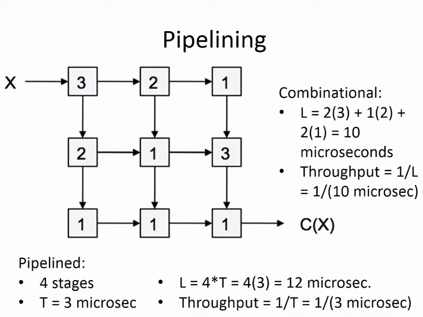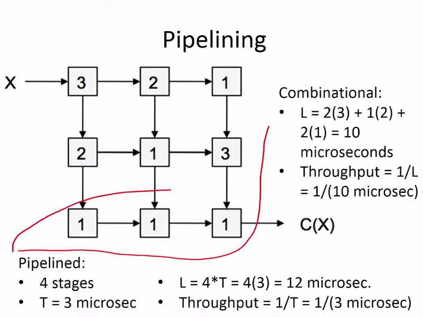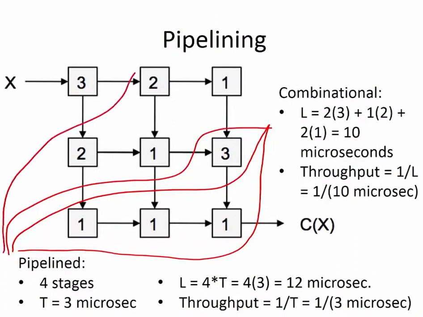Recall that we said that this was not the only way that we could draw our contours. Let's try an alternate solution. For our second solution, let's try to merge the bottom 3 1 units into one pipeline stage. Next, we need to isolate our middle 3. The remaining 2 and 1 unit components can all be merged into another pipeline stage, and finally the top left 3 ends up in its own pipeline stage.